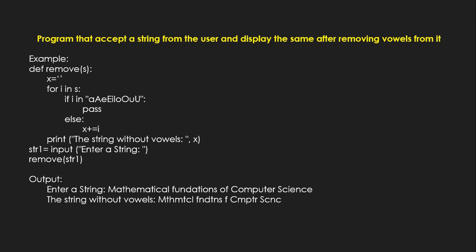So what happens here is, you are going to input a string. The moment you input a string, you call a function by name remove. So control is transferred to the function definition statement, where the function starts from that point. x is equal to 0, for i in s. Whatever string you have keyed in, take each character from the string, and if that character is in a, e, i, o, u, you pass.